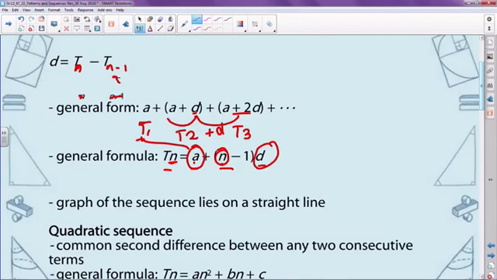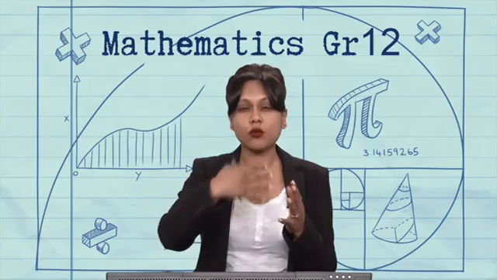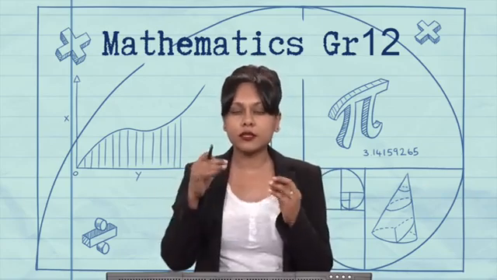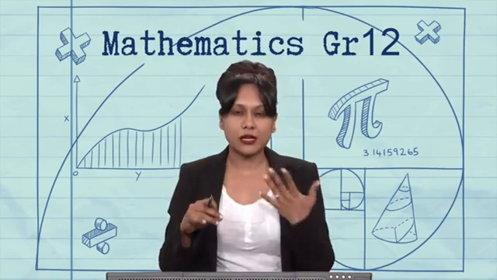If you were to put down your linear sequence or arithmetic sequence on a graph, and you had to plot your points, you will see that those points lie on a straight line.